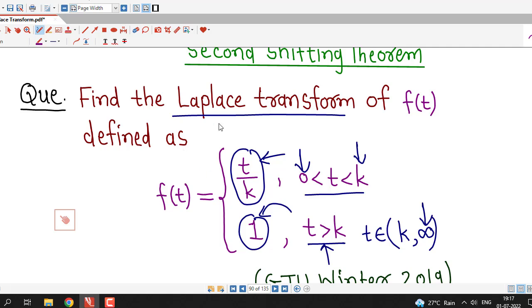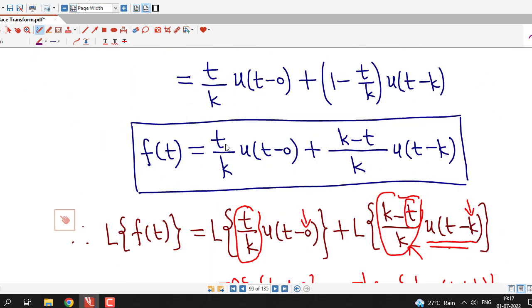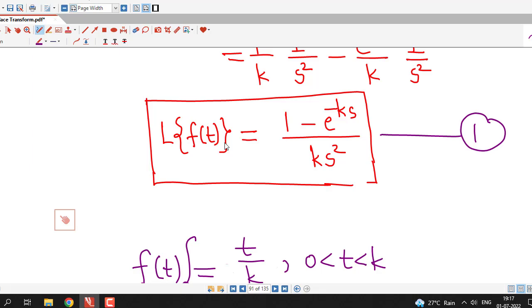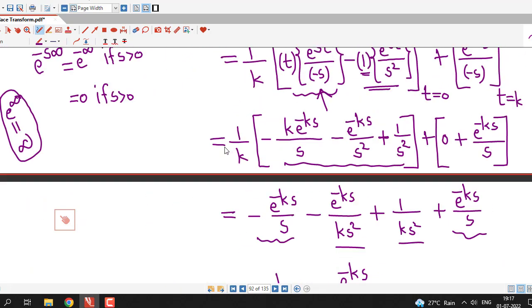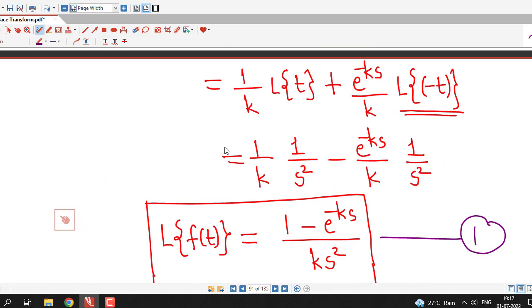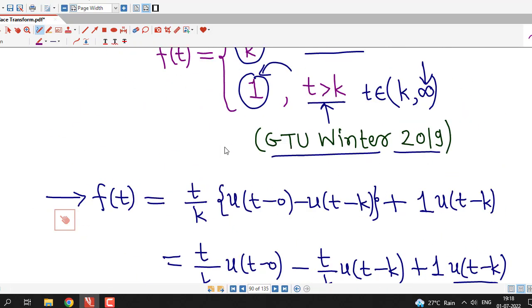But if they specify to find the Laplace transform using the unit step function or using the second shifting theorem, then you must use the unit step function. If nothing is specified, either you can express in terms of the unit step function or you can go by definition, and you can compare both the methods and you can decide with which method you are comfortable.